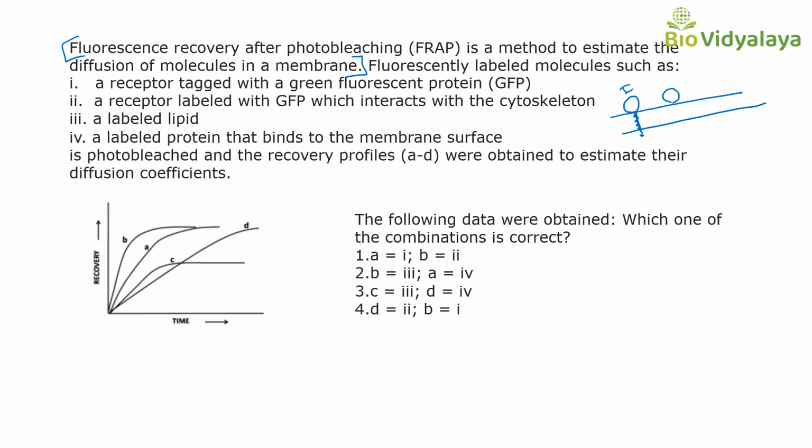So this is also a receptor, but it is interacting with the cytoskeleton. Cytoskeleton means actin or intermediate filament. So this is also not able to move fast, because it is interacting with the cytoskeleton, and the diffusion speed of this molecule is less as compared to the first one.